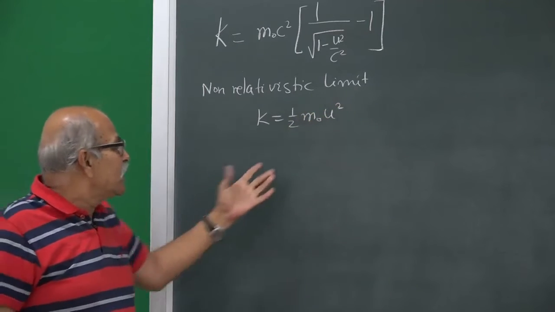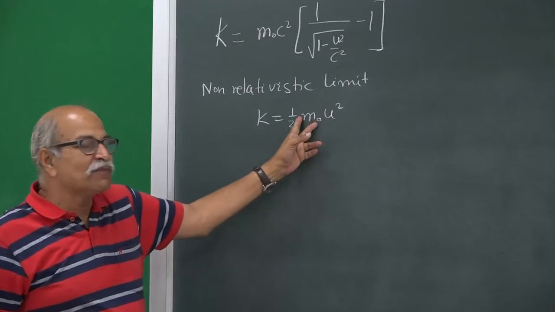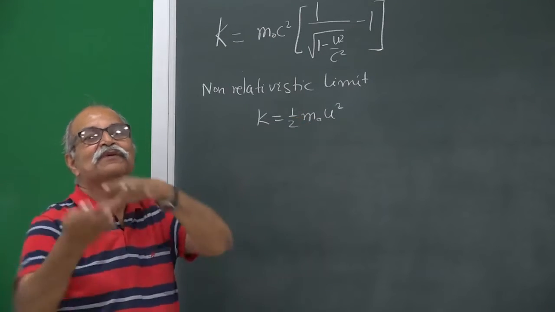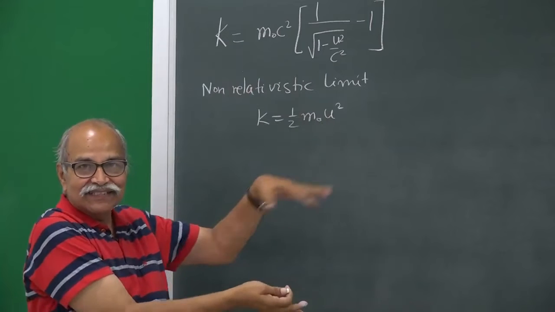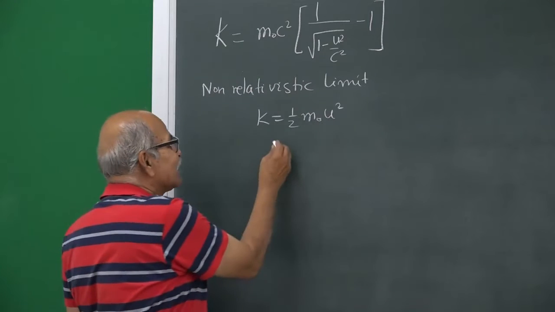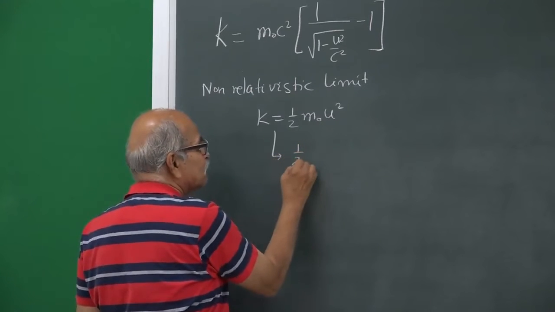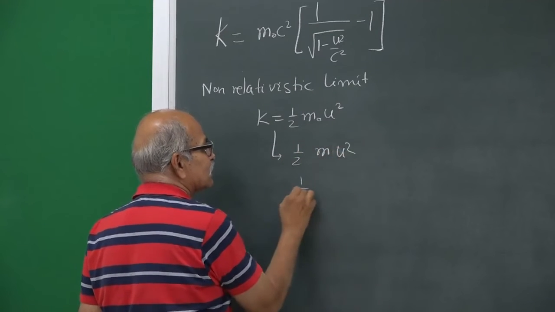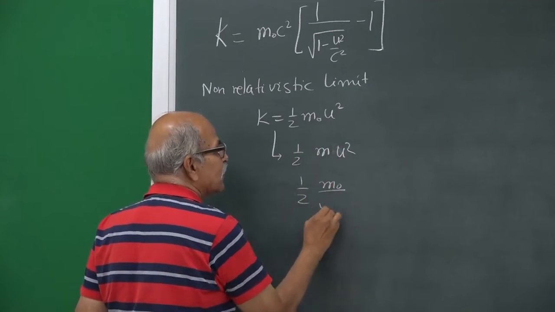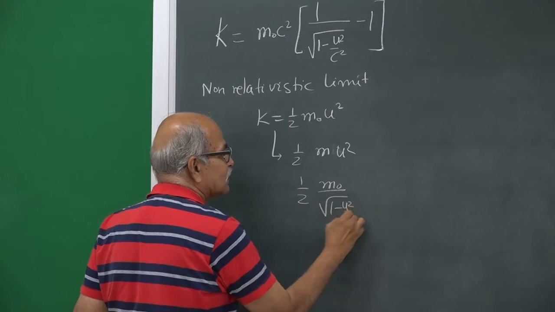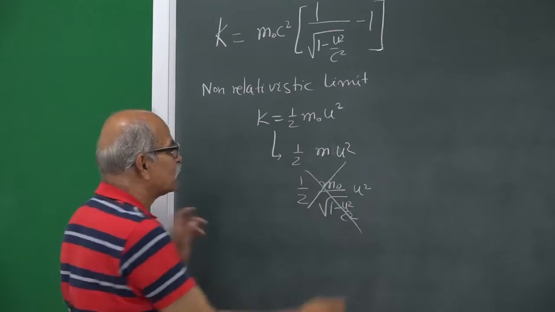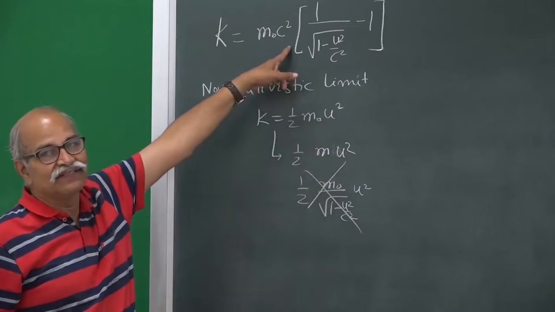If you say that okay, in place of rest mass, the mass increases because of velocity, and therefore we have to put that increased mass here, that relativistic mass, and you modify this as half m times u square, which is m naught by square root of 1 minus u square by c square times u square. It will not work, it will not work. This is not same as this.